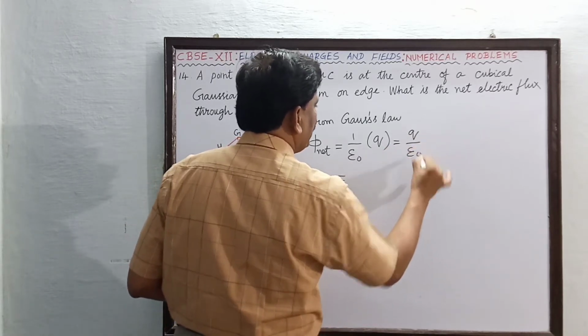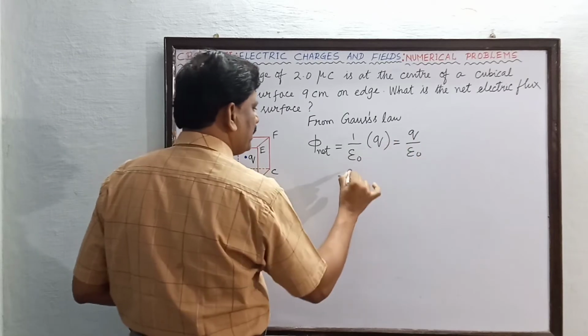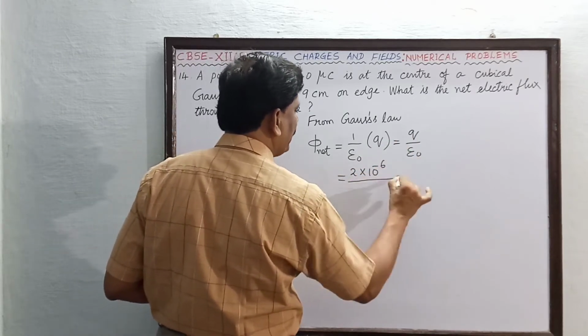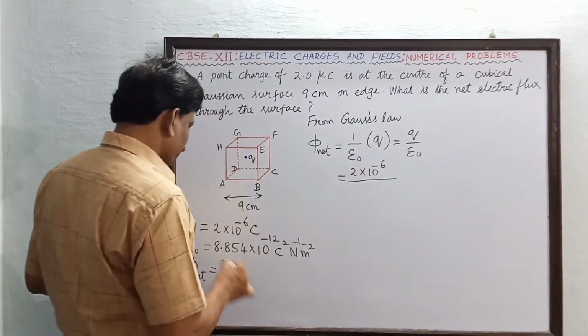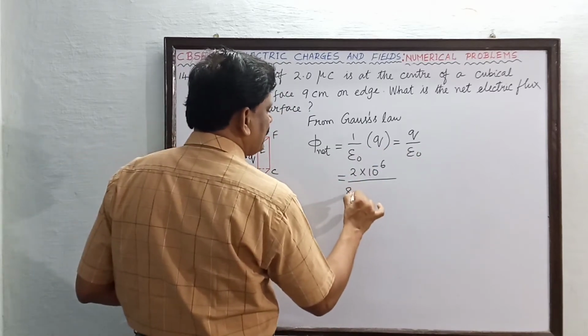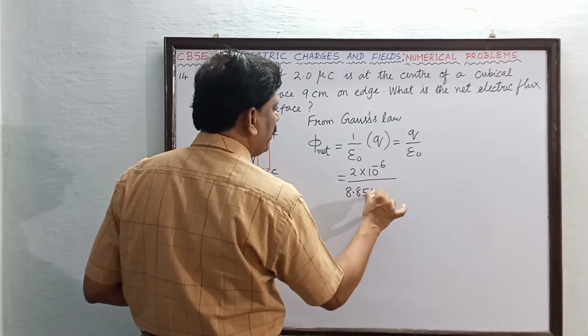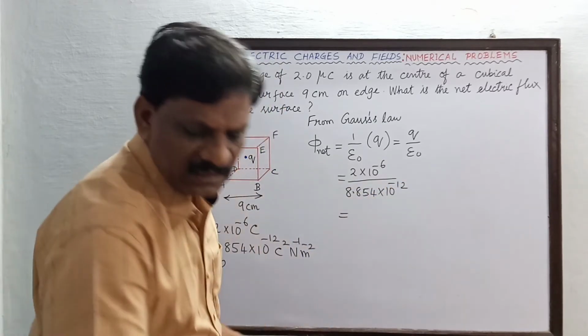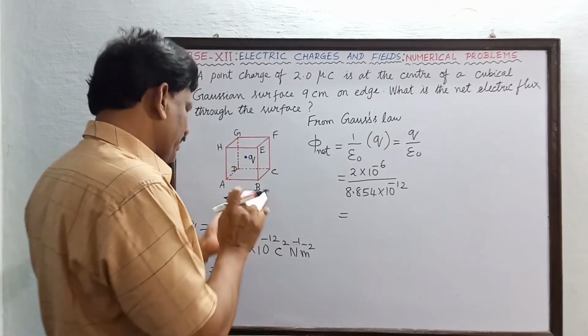Q by epsilon naught. So Q is given as 2 into 10 power minus 6 divided by the value of epsilon naught, 8.854 into 10 power minus 12. So we have to find 2 divided by 8.854.